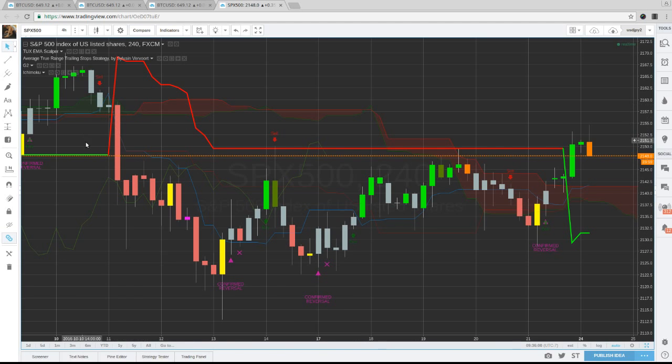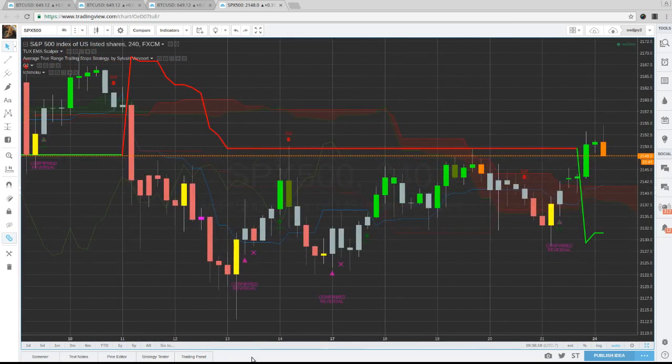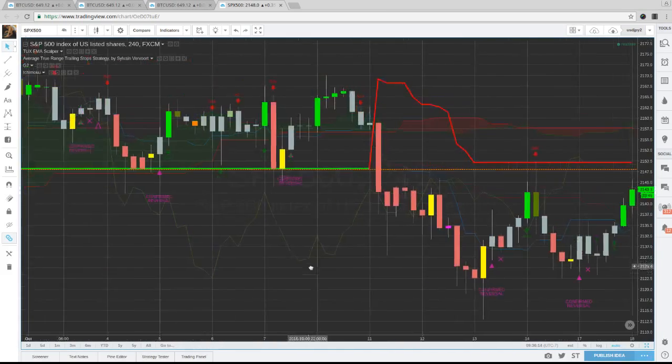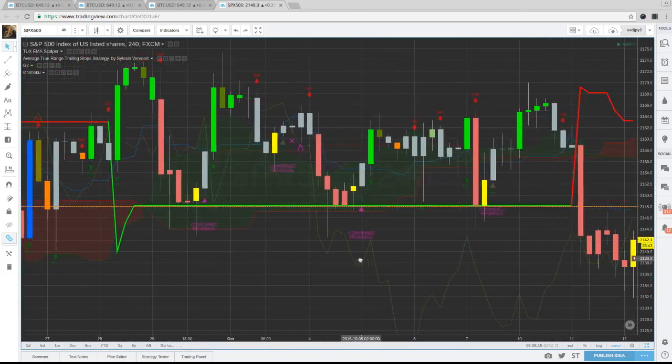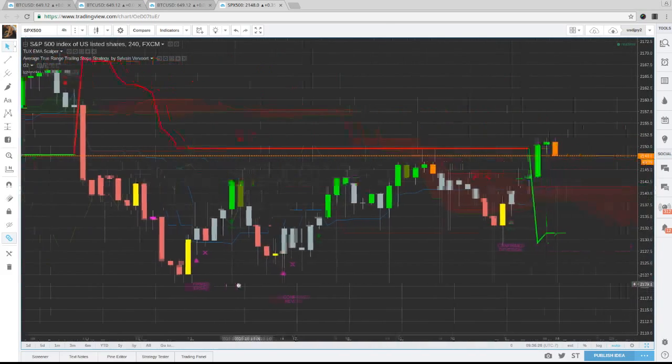And I also have what's called average true range stop strategy. I like it. It kind of gives me an idea. I need to make it a little more sensitive. And I'm not using any of the bottom indicators right now. I find them to be very relative and hard to interpret, and I like to see the price action and the candles and kind of what's really playing out.